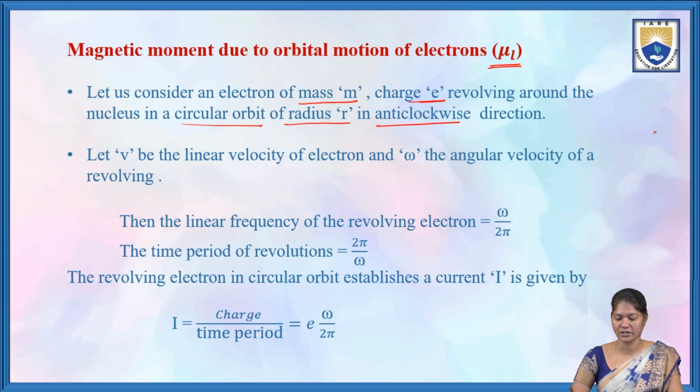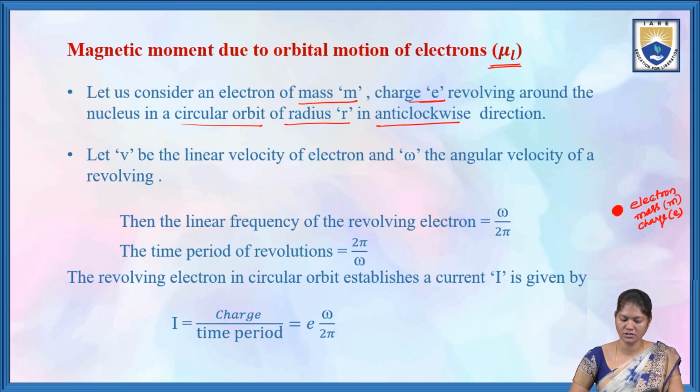Suppose we take an electron. The mass of the electron is m, and the charge is e.